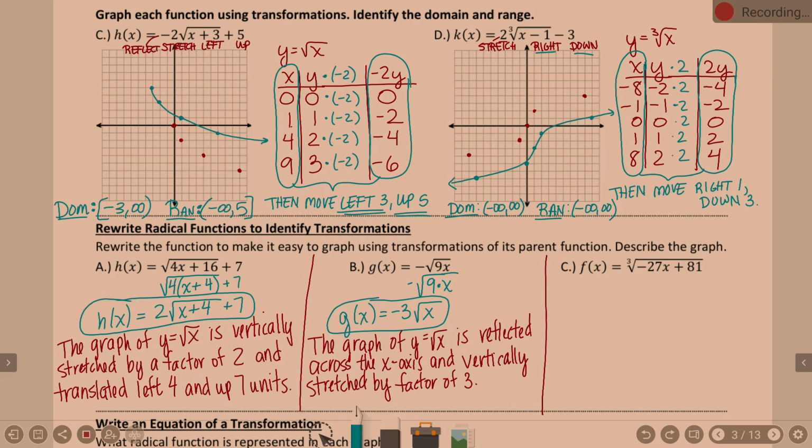C. What do you see? Divide. Reduce. Okay. What do we know about 27 and 81? They're perfect cubes. Okay. Think in terms of GCF.